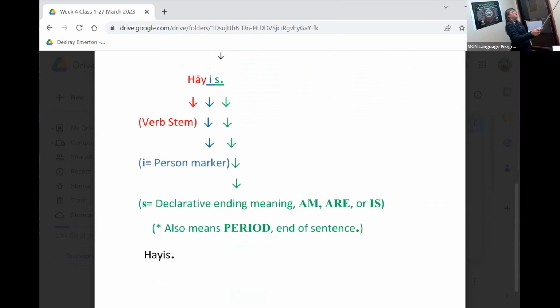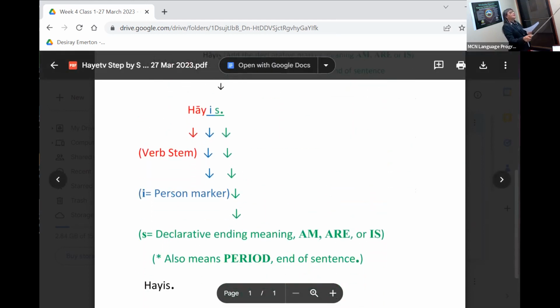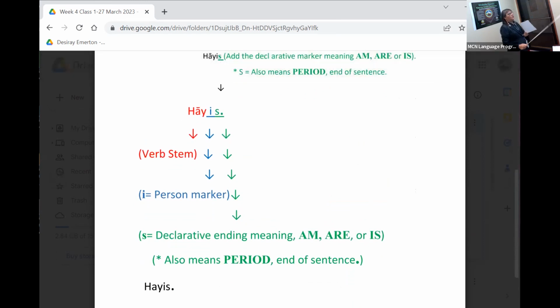And right here, this goes the same. This shows you in a different way the same thing, but sometimes it makes it easier. So you see that the verb stem is the one in red, and you see that the A has a long mark over it because of our notes and our rules. And then the I is the person marker because we are talking about I. And then the S is the declarative ending.